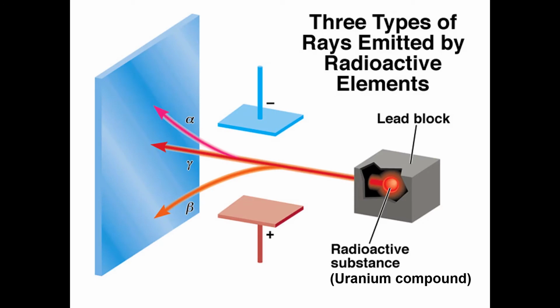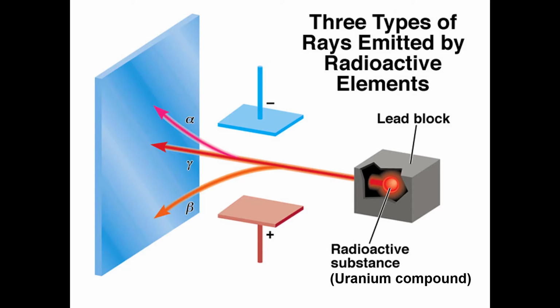Now, as time went on and the technology was developed, we were able to identify that there were different kinds of radiation emitted by these so-called radioactive isotopes or elements.